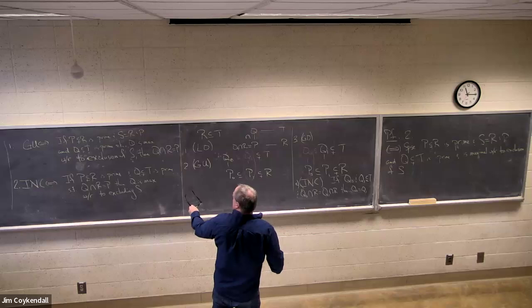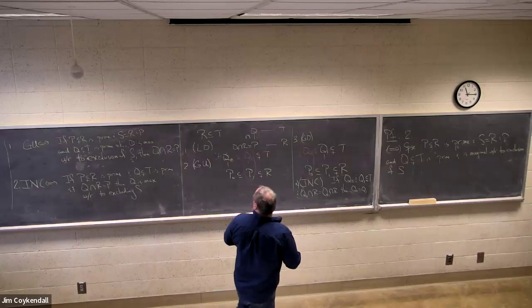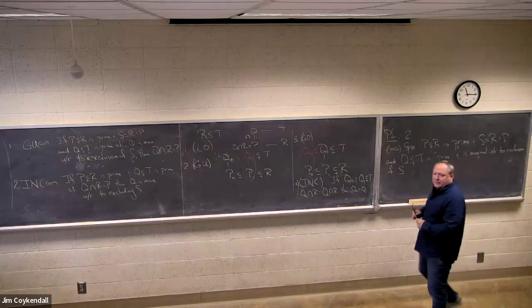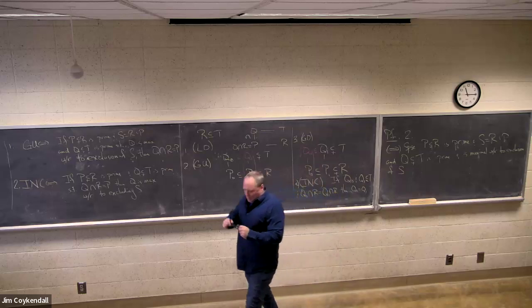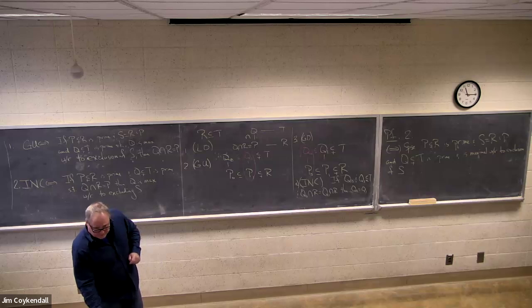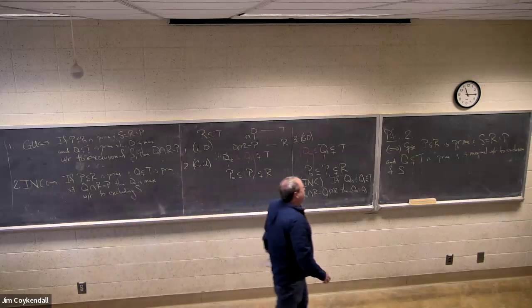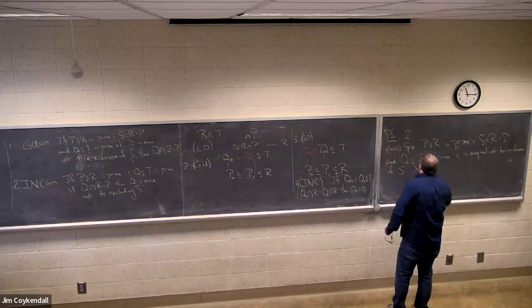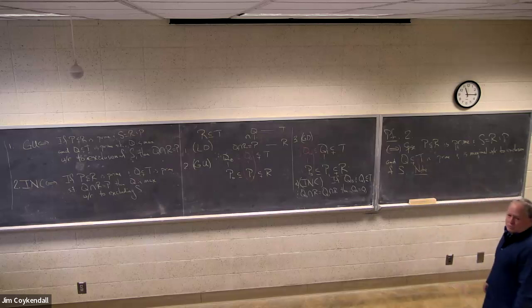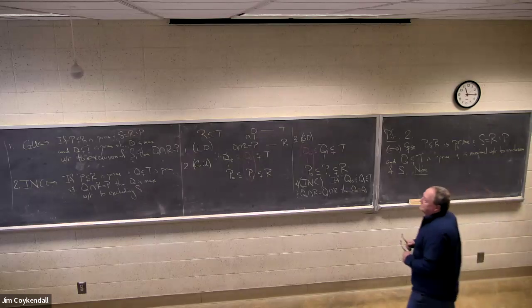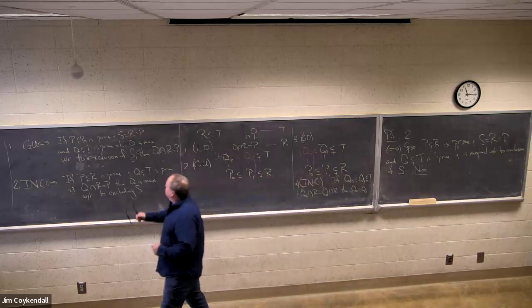We know this, it's maximal with respect to the exclusion of S. So what can we do here? We want to show that the intersection is exactly P. We've got going up, right?